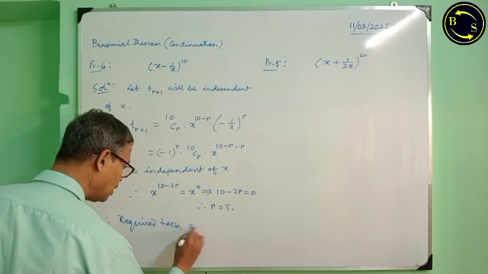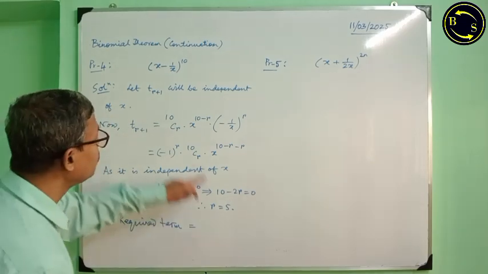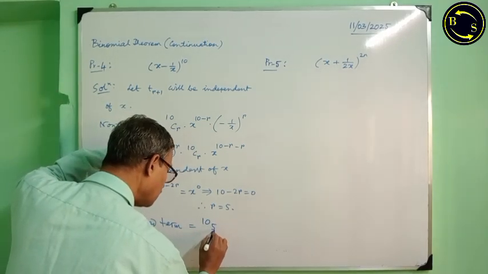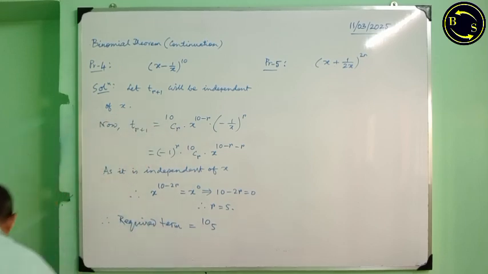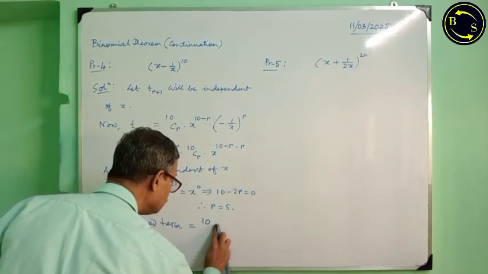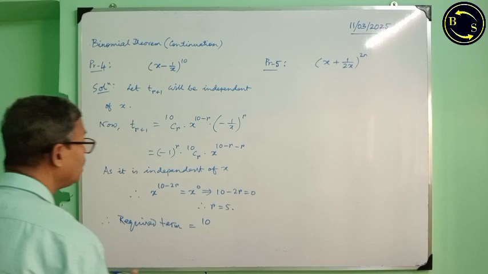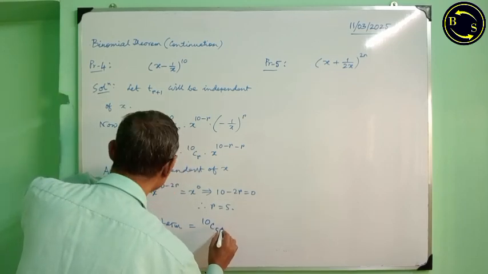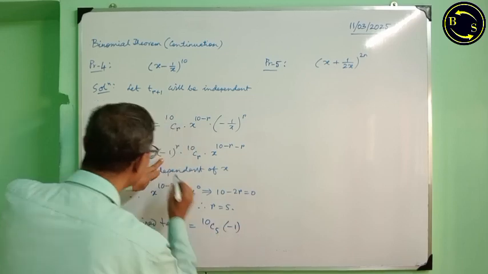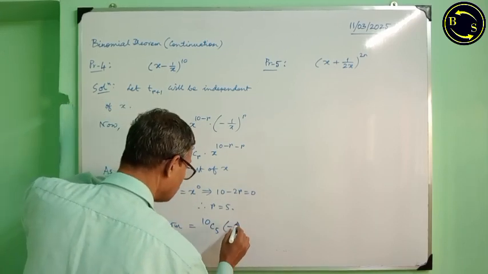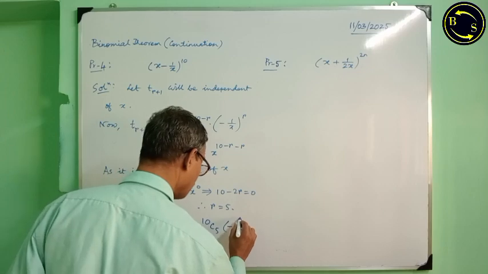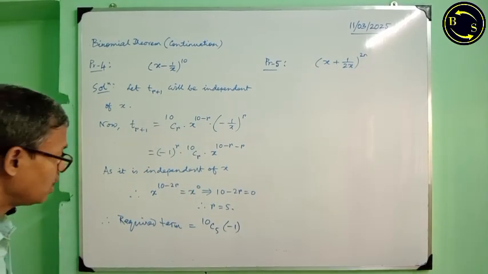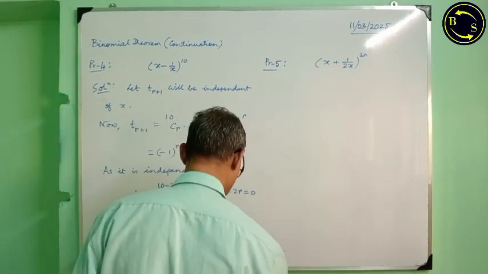The required term is equal to, we put this value here, 10 C5 into minus 1 whole to the power 5. That means minus 1, if its power is odd then the value will be minus, therefore minus.